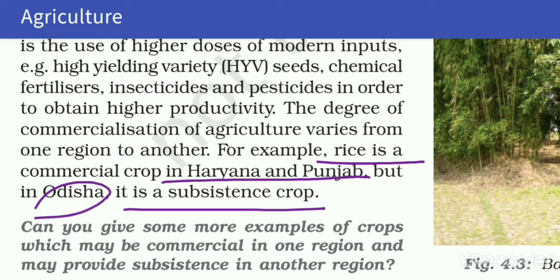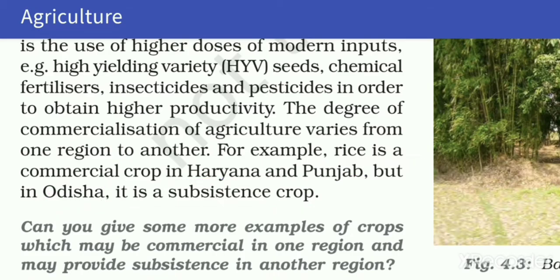It means that the farmers of Orissa grow rice for their own consumption or their family members' consumption. They don't have any intention of selling rice in the market, while the farmers of Punjab and Haryana mainly grow rice for selling in the market to earn more profit. So this was all about commercial farming.